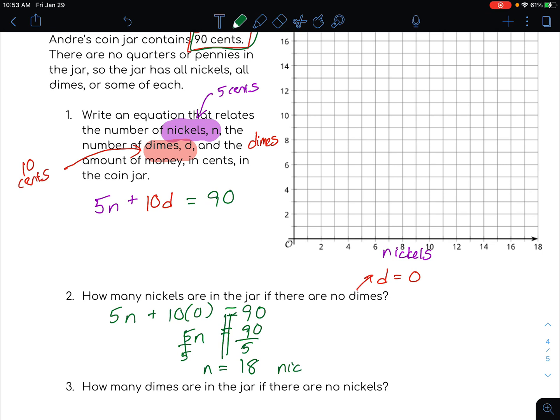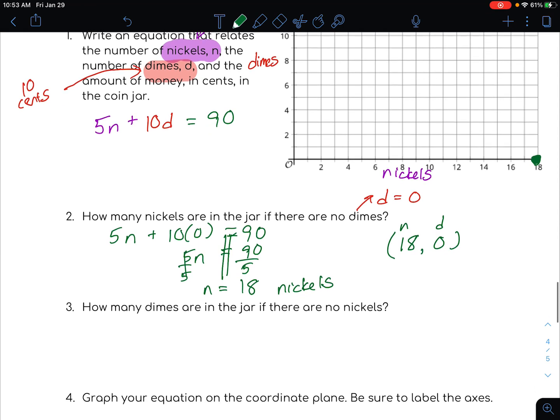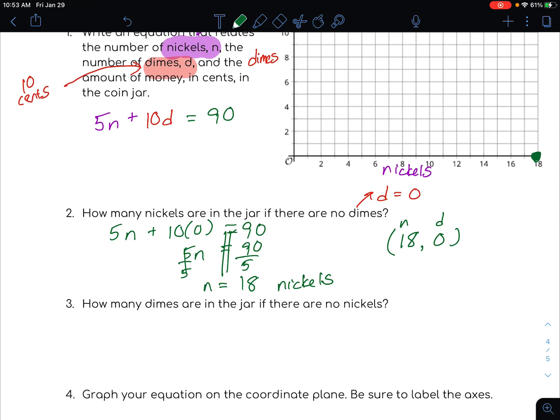So 18 nickels. So this is the point (18, 0), because this is nickels and this is dimes. Let's maybe plot that right now. So that's way over here, (18, 0).